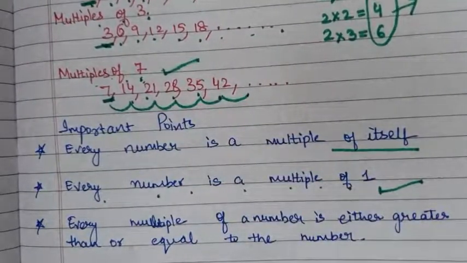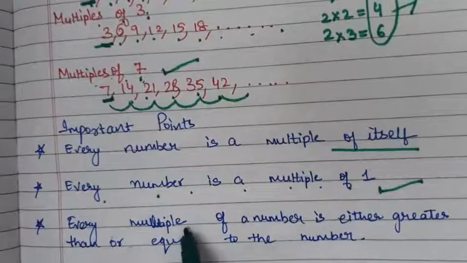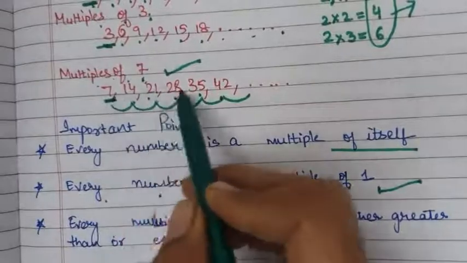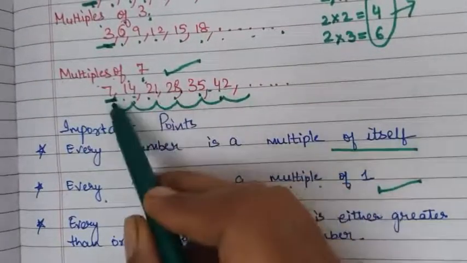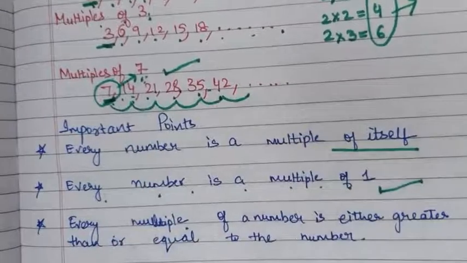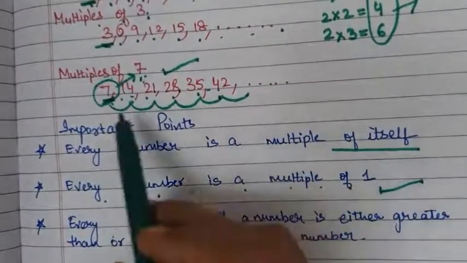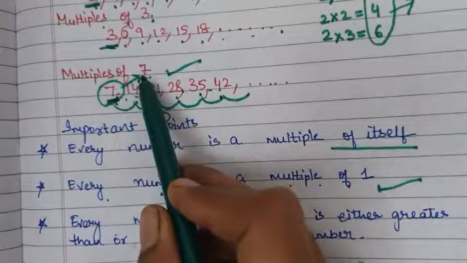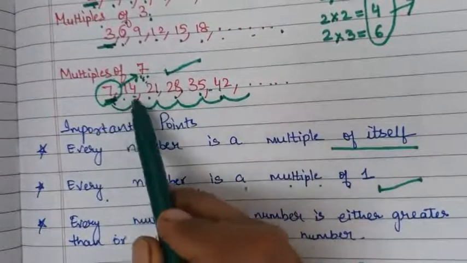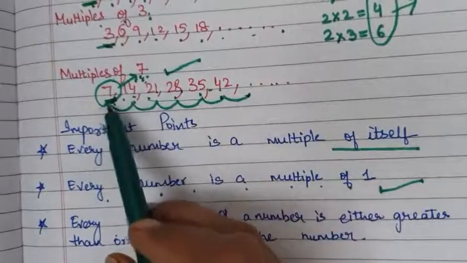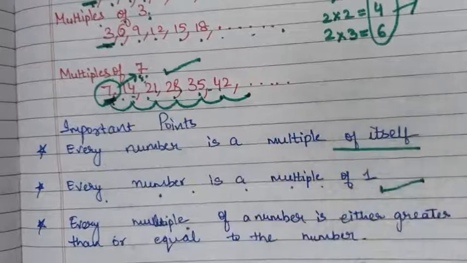So we can say every multiple is either greater than or equal to the given number. It means one multiple will be equal to that number and all the remaining multiples will be greater than that number.